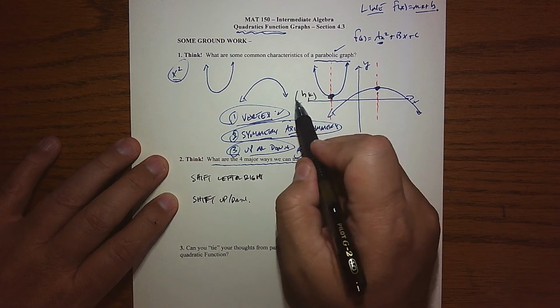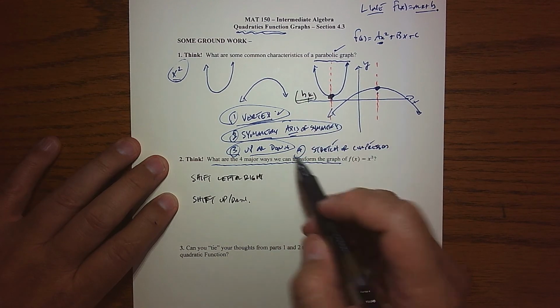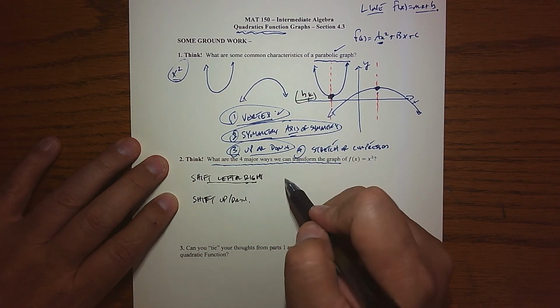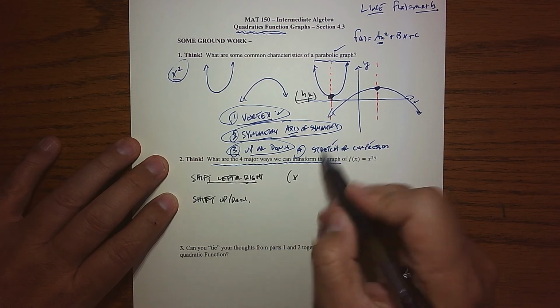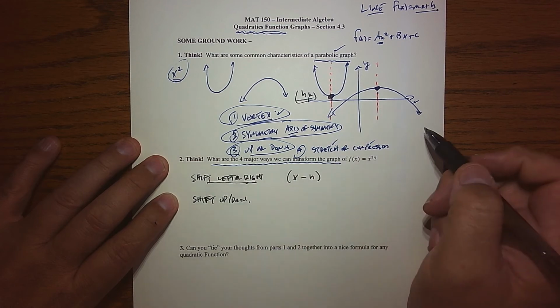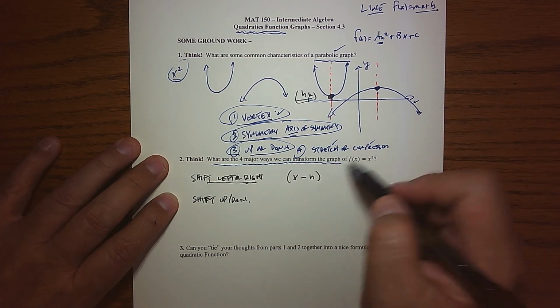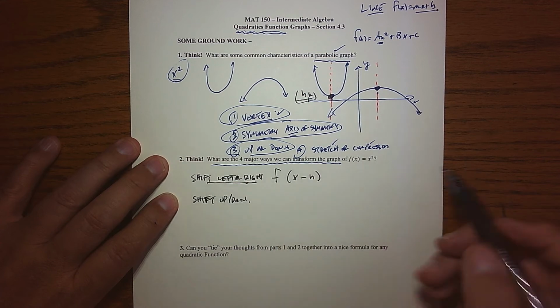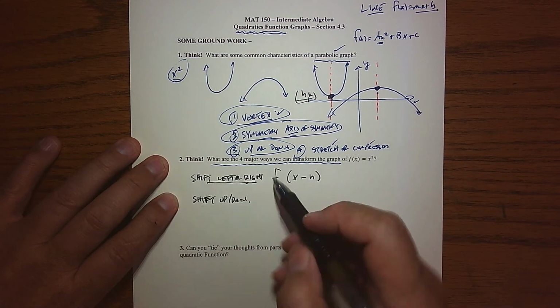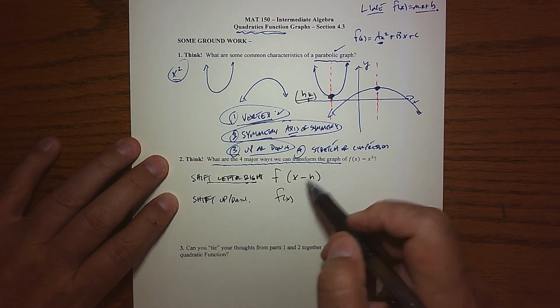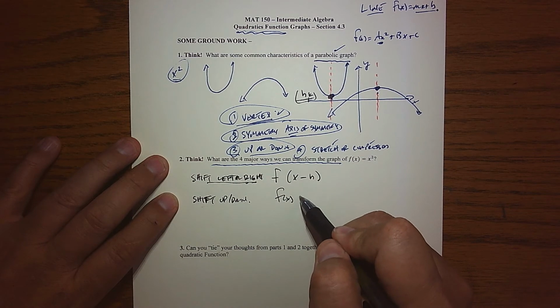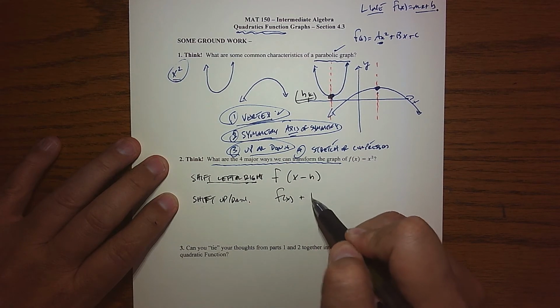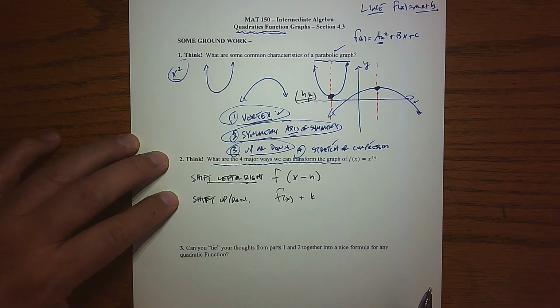All right, and if we go with H and K like I've done here, to get a shift left or right, we're basically taking our X, and how about I just say we're subtracting, we could be adding that H as well, right? So that's how we would get shift left or right. To get a shift up or down, I would have my f of x equaling, or excuse me, add or subtract some value, and I'll call it k.